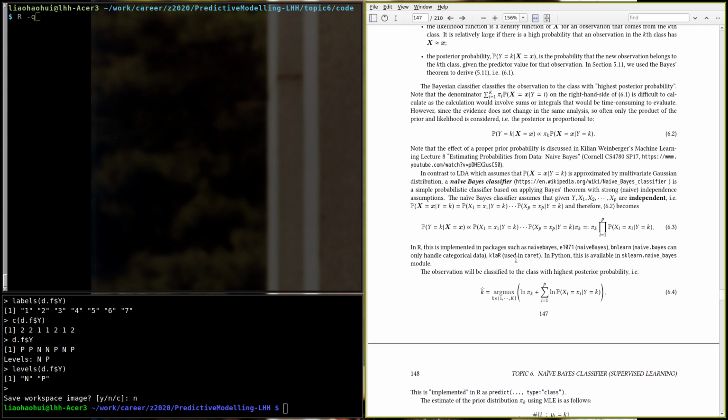In naive Bayes, we assume that x1 to xp are all independent. That's why we can break the conditional probability, or likelihood function, into this form, and then we have a proportional relation like this.